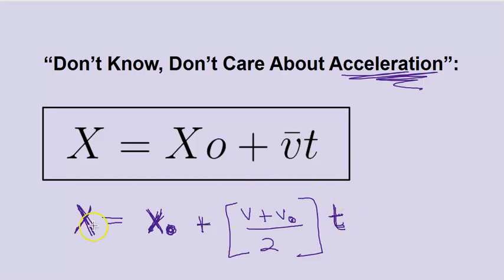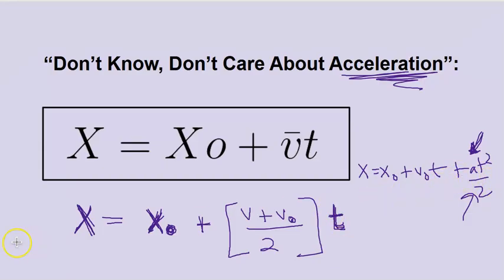Okay, so this is a different position function because if you don't know the acceleration, and again, I'll show you a problem in 2 seconds, but you know the car went from 0 to 60 at a uniform rate, I don't want to take the time to find the acceleration. I could, but I don't want to.